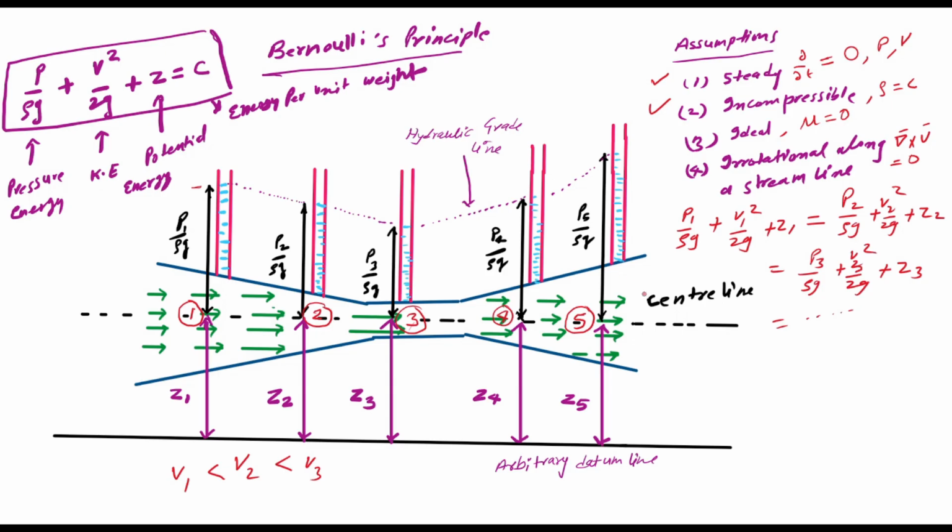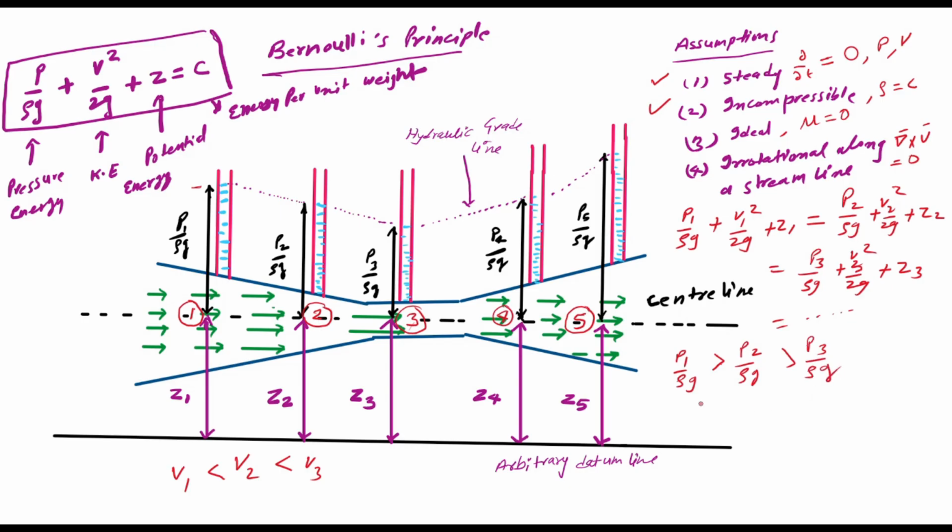So p1 upon rho g should be higher than p2 upon rho g, and similarly p3 upon rho g.